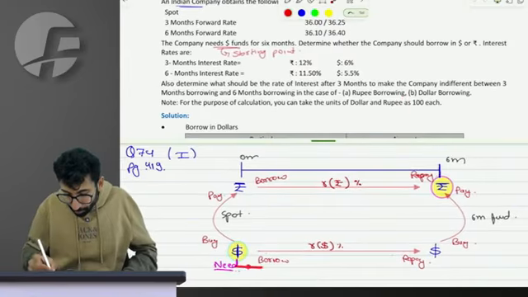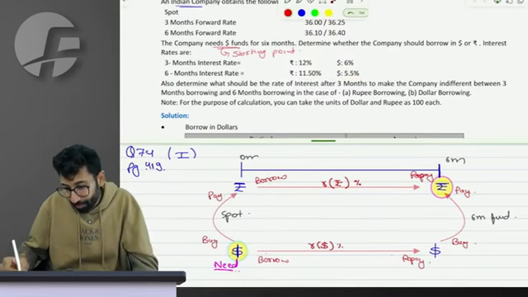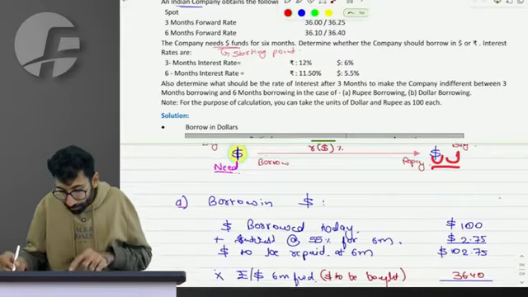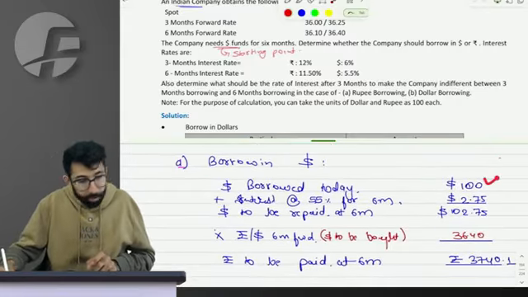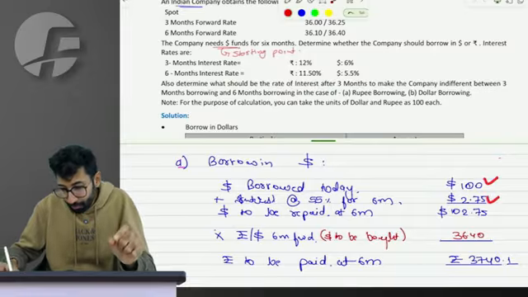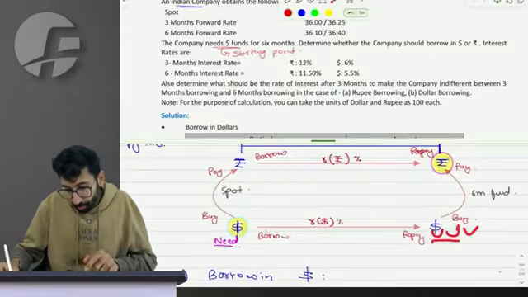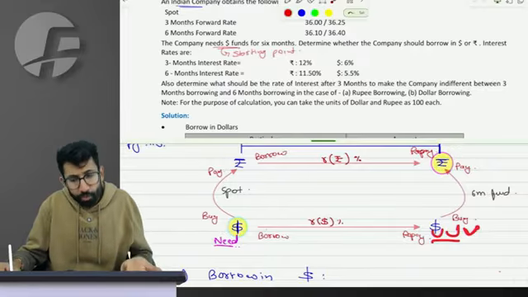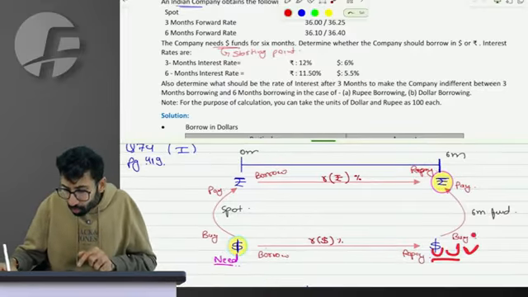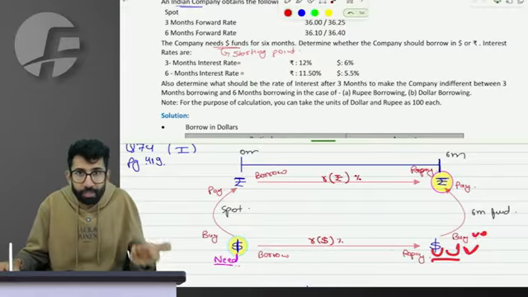So if I borrow $100 for a period of 6 months, the dollar rate is 5.5. How much dollar will I need to repay? So sir, $100 I borrow. After 6 months at the rate of 5.5, interest will be 2.75 and I'll be needed to pay $102.75 here. Whatever you are needed to repay, buy those. See, common sense, when you need to repay dollar, what is the next step? Will you sell it?